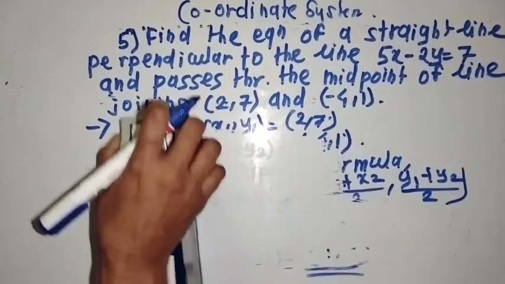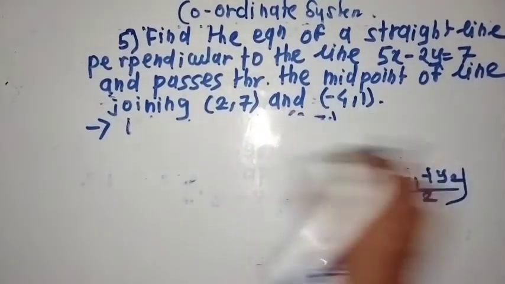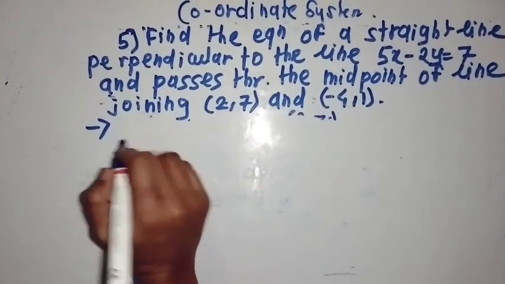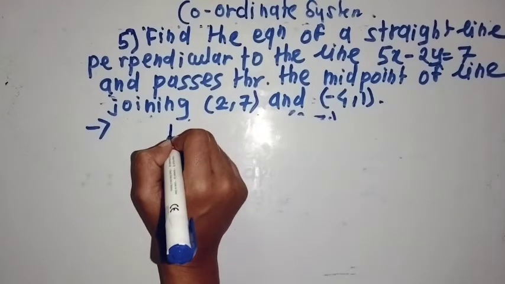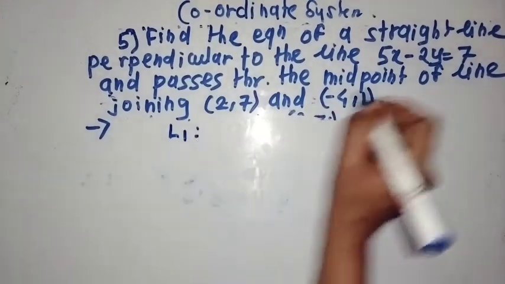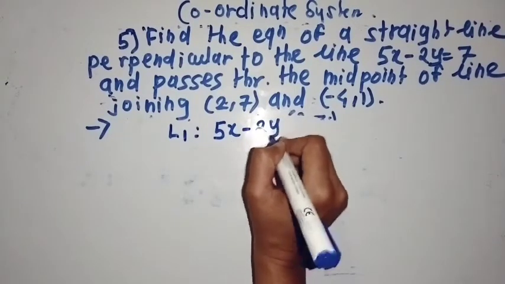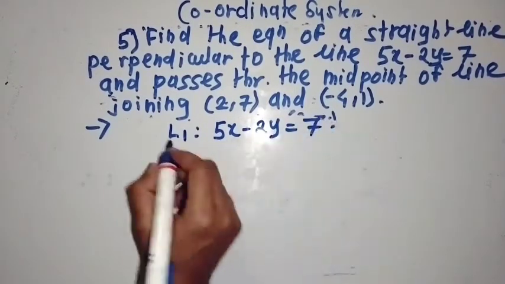Then we find the slope. Here line L1 is 5x minus 2y is equal to 7.